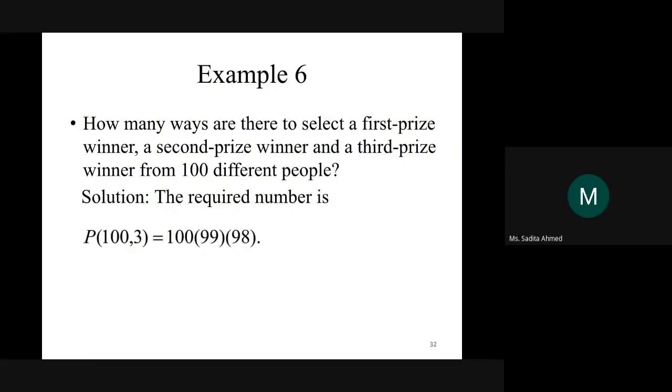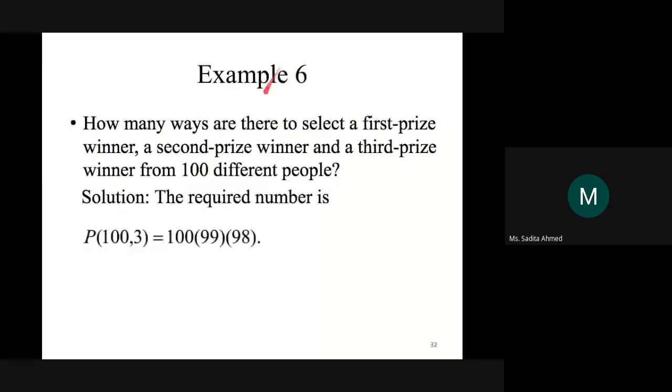Yes, Miss. So you're selecting 3 people, and within those 3 people, you're counting all possible order arrangements among them. Yes. So first you're doing 100C3, and then within these 3 people, you're counting every single possible arrangement. So then you're doing P33.